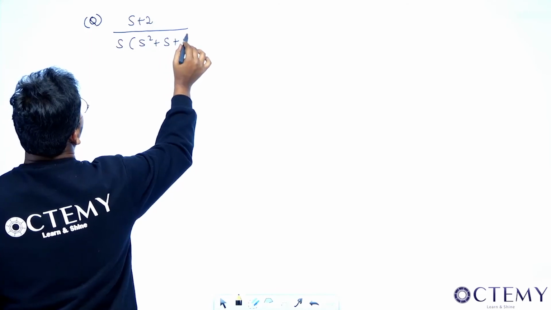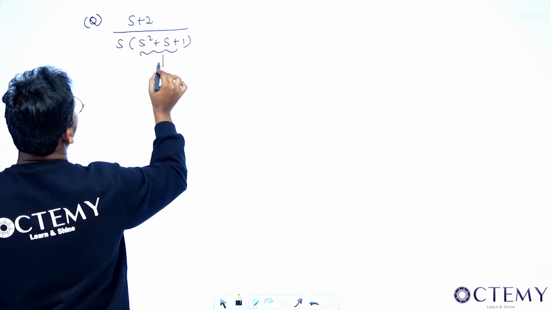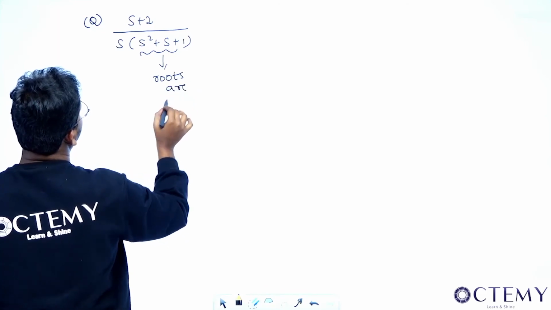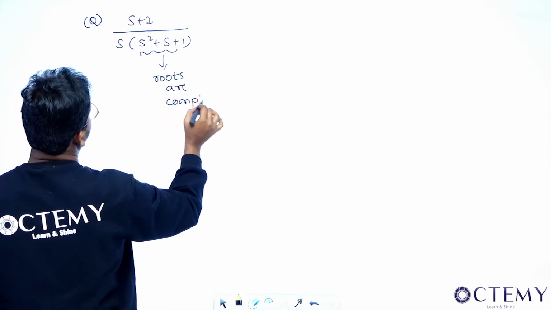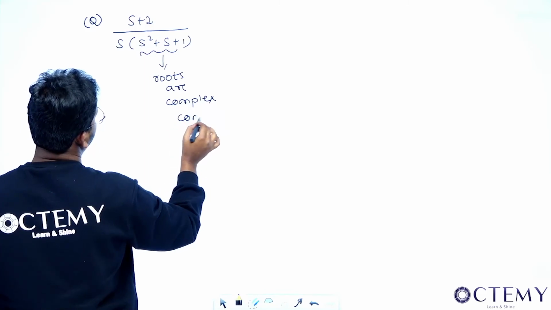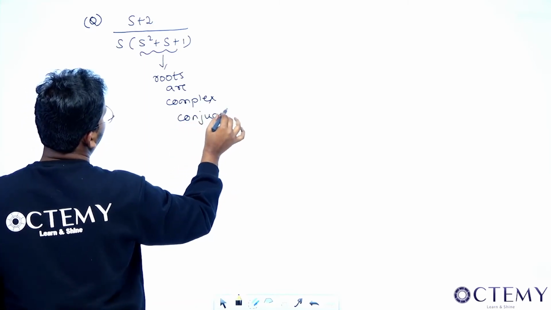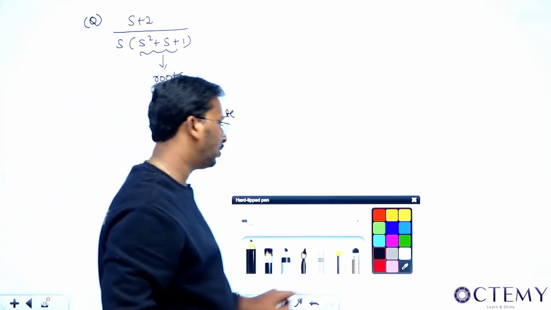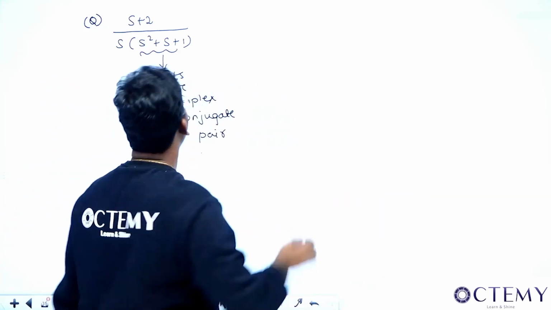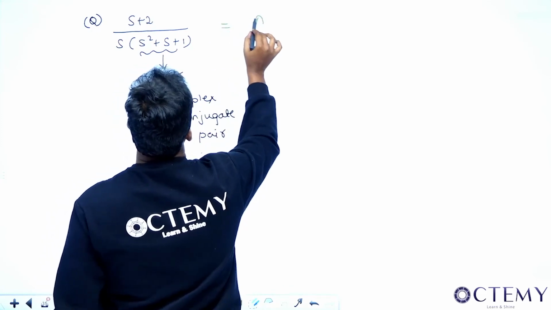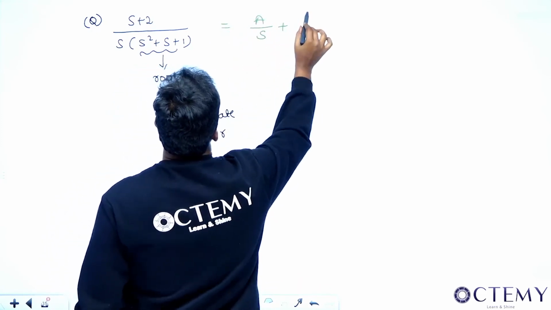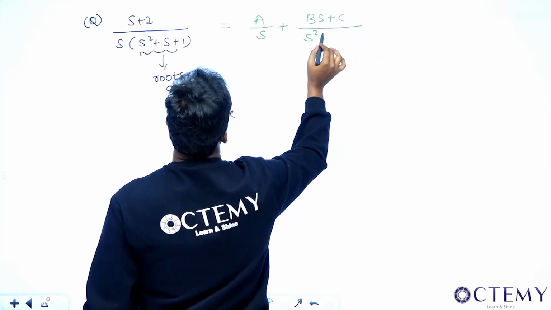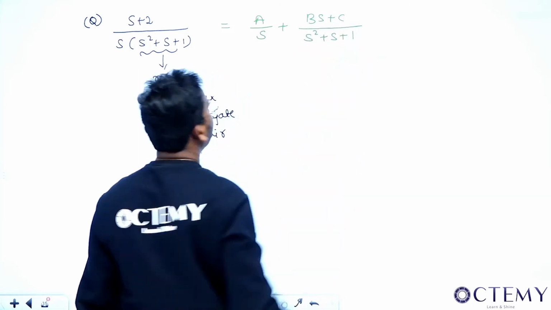In s square plus s plus 1, the roots are a complex conjugate pair. If the roots are a complex conjugate pair, then you have no option, sir. You have to do it like this: A by s plus (bs plus c) divided by (s square plus s plus 1), right?